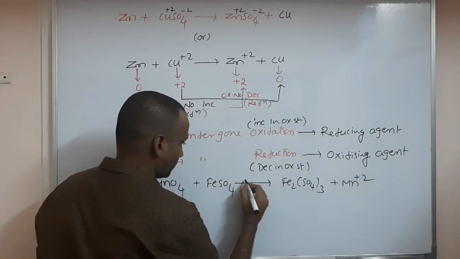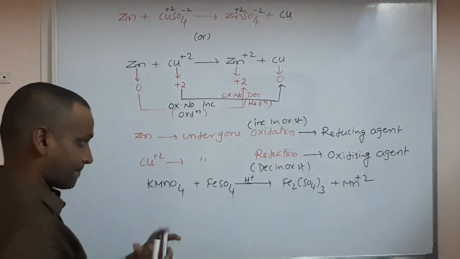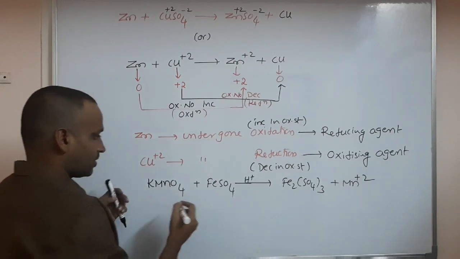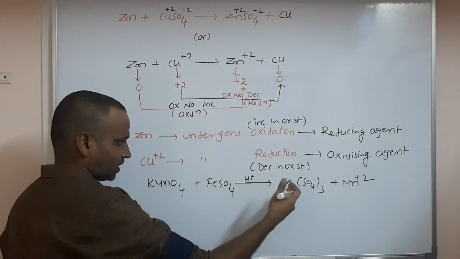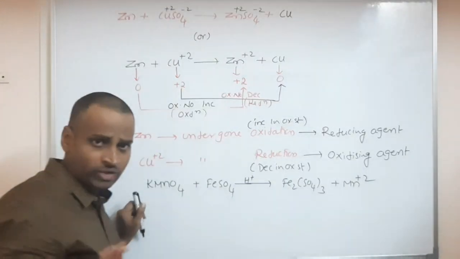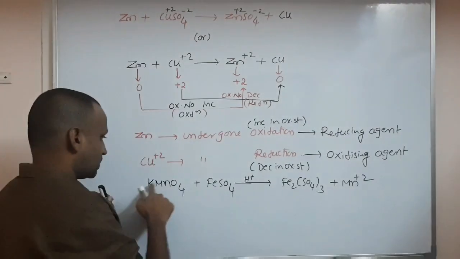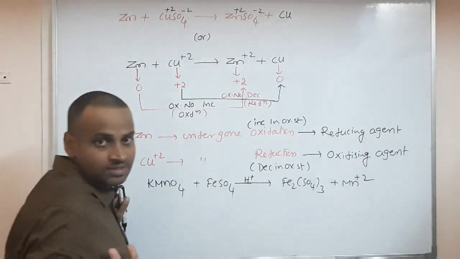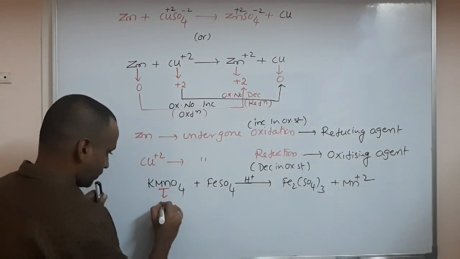This happens in the presence of acid, H plus. So here, KMnO4 and FeSO4 are converted to Fe2(SO4)3 and Mn2+. Balancing is not required for this, because for oxidation state I told you we just consider per molecule. So here the manganese oxidation state is very important for me.